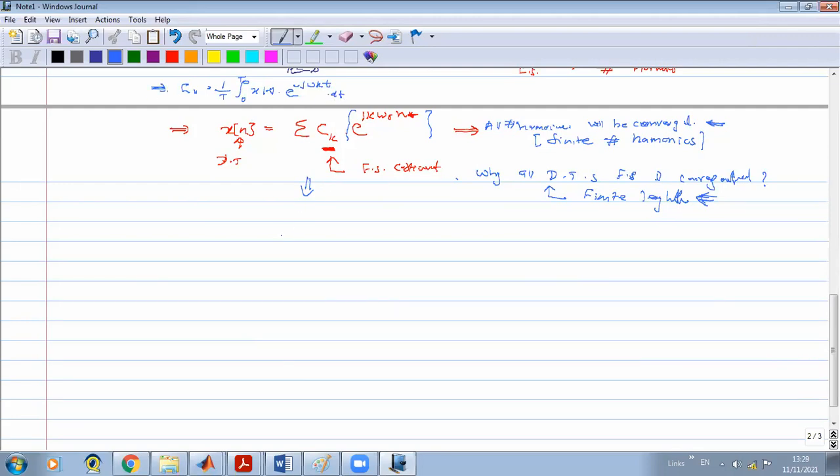But in case of a discrete time signal, to find the coefficients you don't need to integrate. It is very identical to this one. 1 by T is there, where this is the period measured in time.